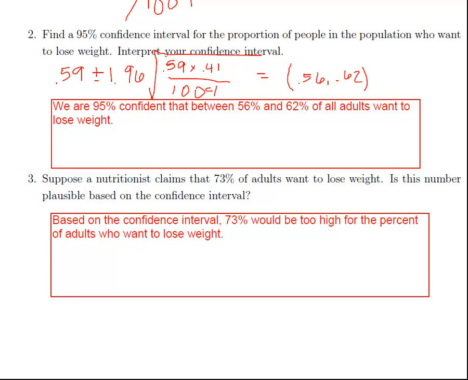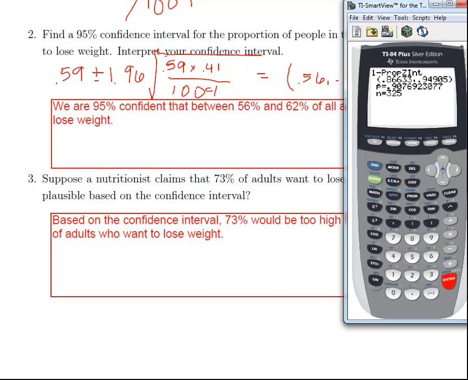All right, and I'll just show you on the calculator real quick. If you use the calculator, we're always going to be going to stat and then test. Then for a confidence interval, you scroll down to letter A. So 1 prop z interval. Prop means proportion.